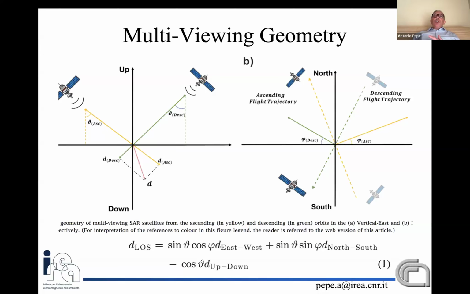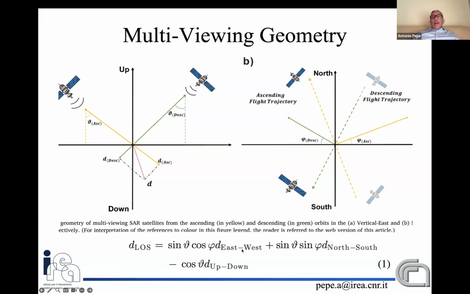So the multi-viewing geometry, if our goal is to reconstruct the three-dimensional field of deformation, we need to start from this observation. If we have at least two viewing angles, so two viewing observations. So typically, if we have an ascending orbit, an ascending trajectory, and a descending trajectory, and we have a given deformation, this deformation has, of course, three components.